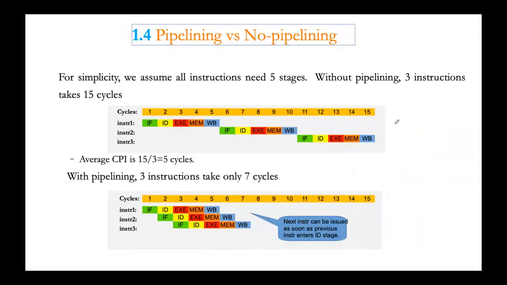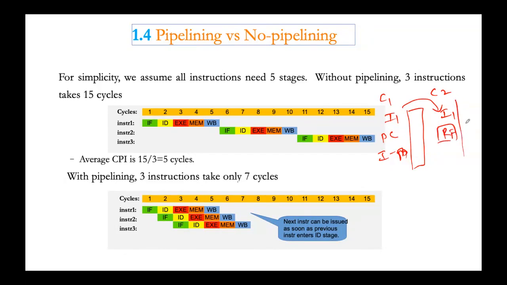So if you see, in IF, instruction one is given as an input to the first stage in cycle 1. Then in cycle 2, instruction 1 is moved, so the program counter and your instruction memory become idle. Instruction 1 is using the register file in the second cycle.